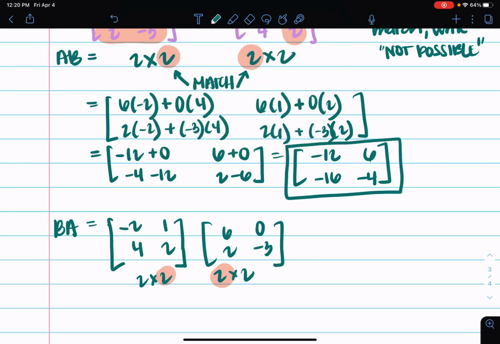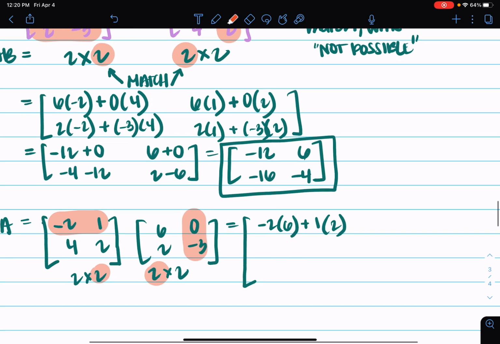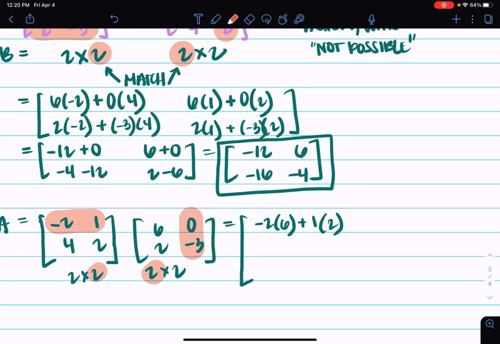So we're going to do the same thing. We've got to go row by column. Row 1, column 1: negative 2 times 6 plus 1 times 2. Now we have row 1, but this time column 2.